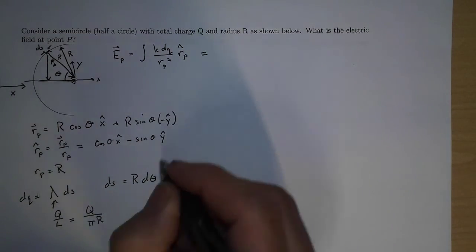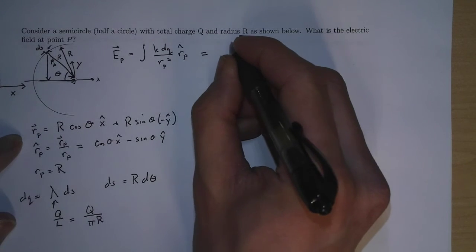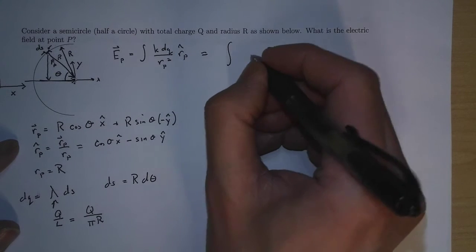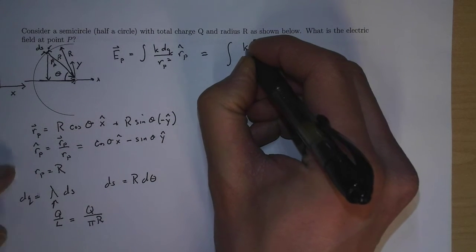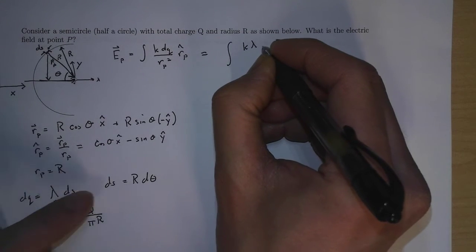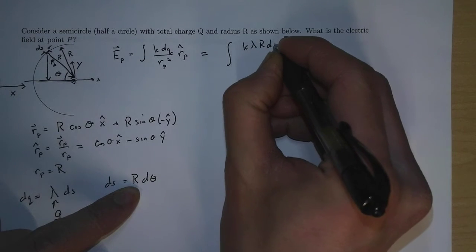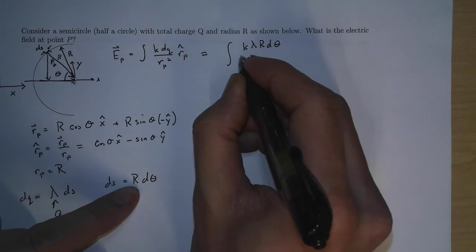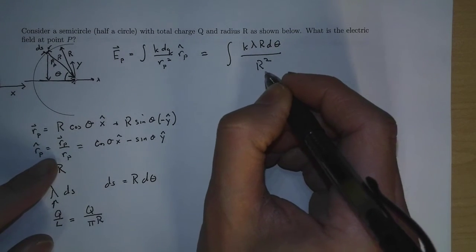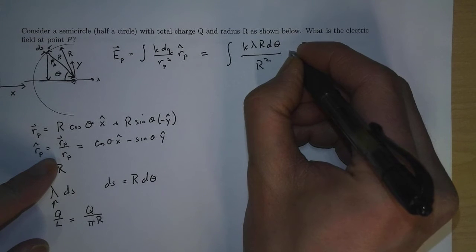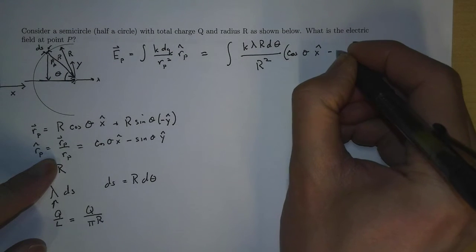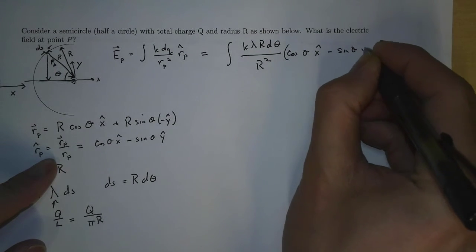So this is now equal to, let's plug each one of these terms in. I'm going to be integrating over something. We'll figure out what that is in a second. k times dq, which I'll leave as lambda for now, times ds, which is R d theta, divided by r_P squared, that's very simple, R squared, and then r_P hat is cosine theta x hat minus sine theta y hat.